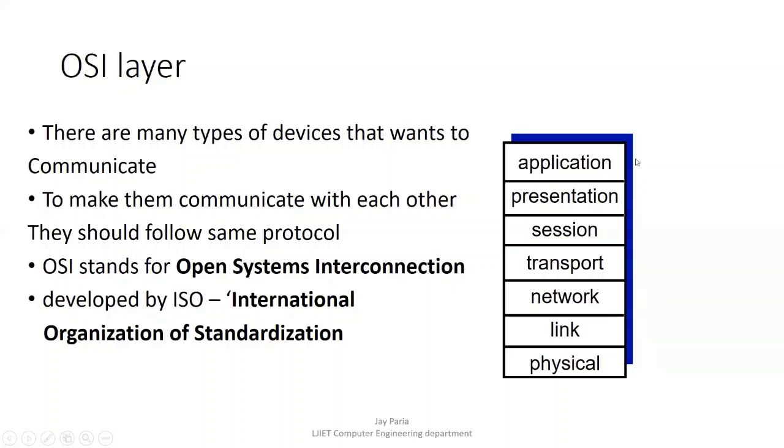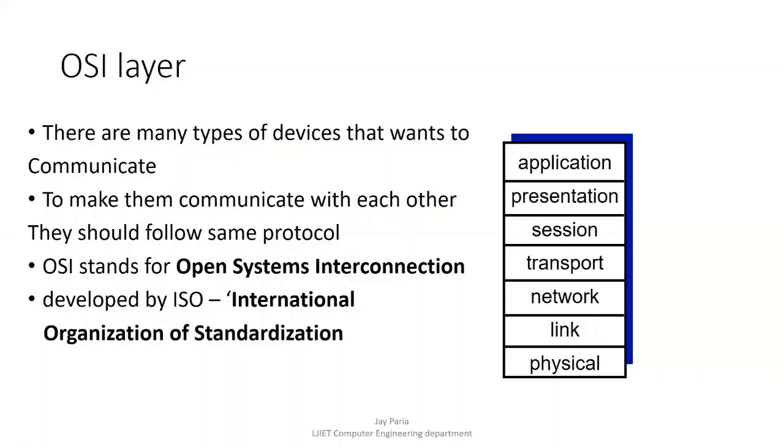This OSI model was developed by the International Organization for Standardization, and OSI stands for Open System Interconnection. When you want to communicate between two devices, this is the standard procedure that should be followed by each and every device that wants to communicate.